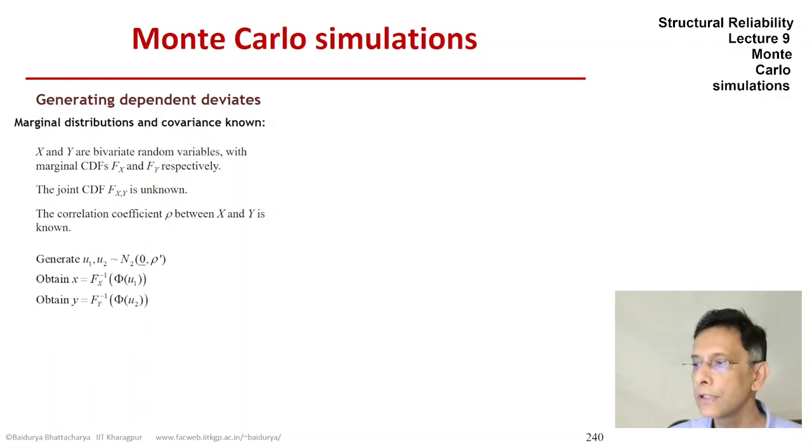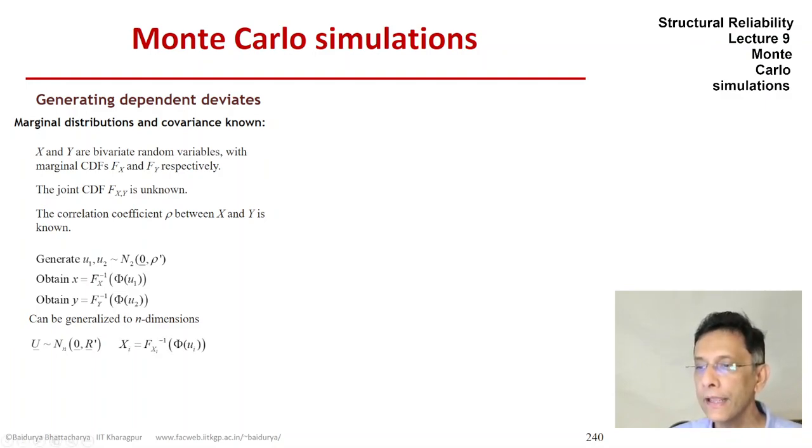This can be generalized to n dimensions. We would simulate the n-dimensional standard normal with zero mean and the correlation matrix R prime, and invert that pointwise to obtain the X vector.